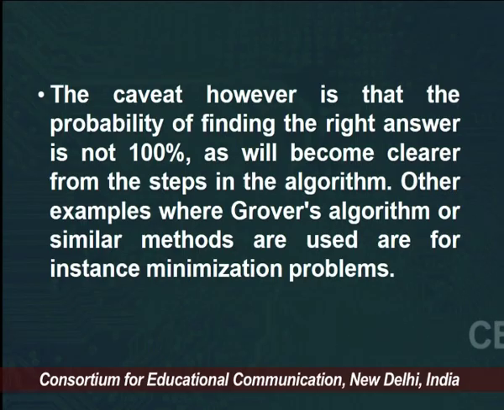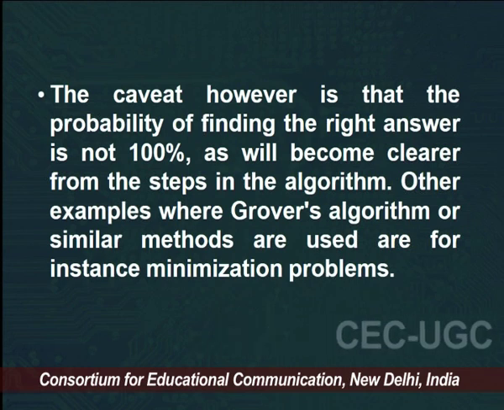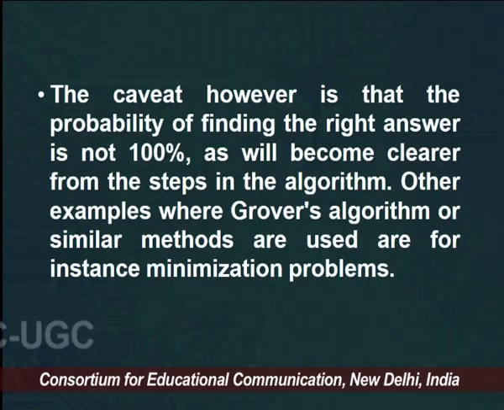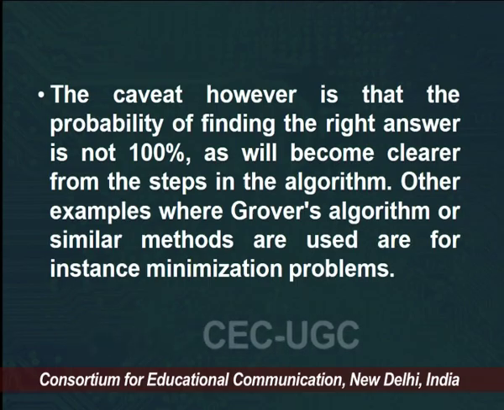So, the probability of finding the right answer is not 100%. So, it becomes clear from the steps in the algorithm. Another example where the Grover algorithm or a similar method is used is for minimization problems. So, we can solve the hard problem in a very simple manner.